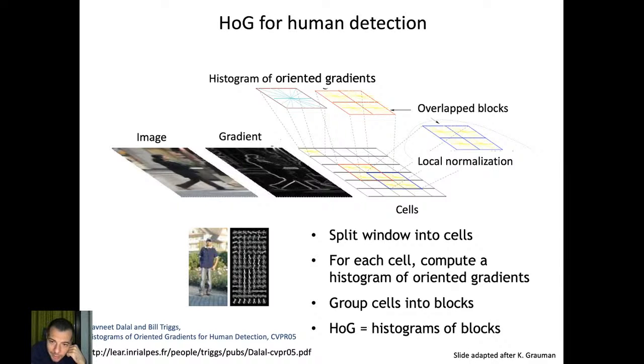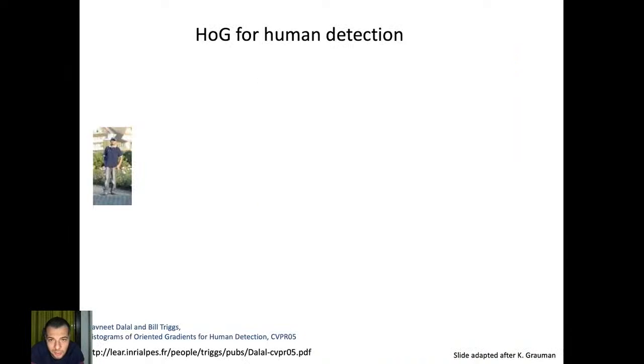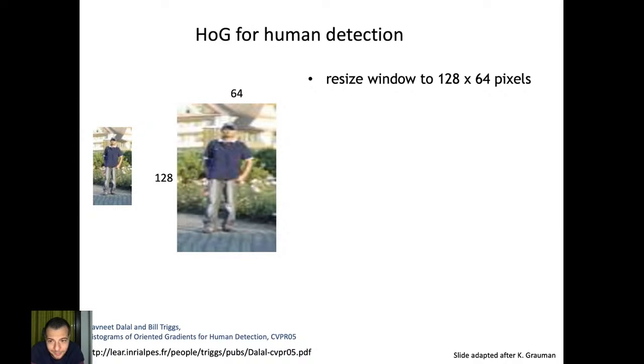But it was later used for different applications, including object recognition with a bag of visual words. Okay, so we discussed now human detection. So the task is to detect people in images and to assign bounding boxes.